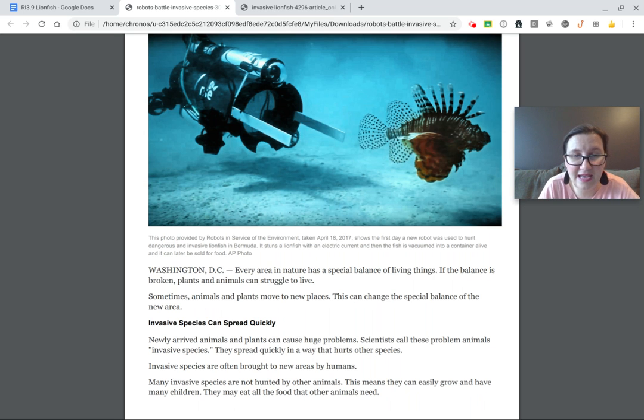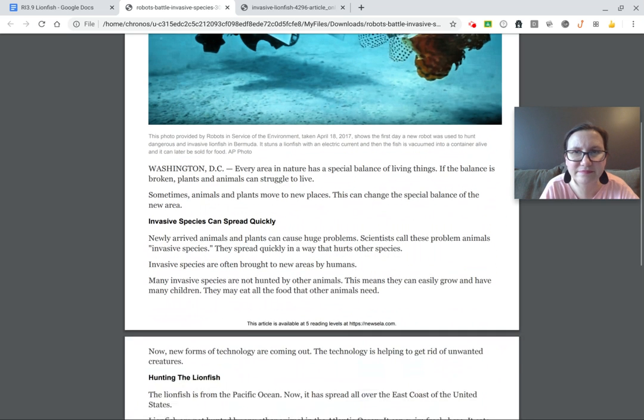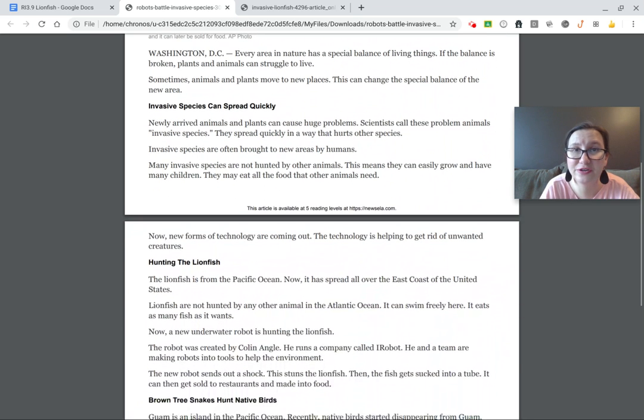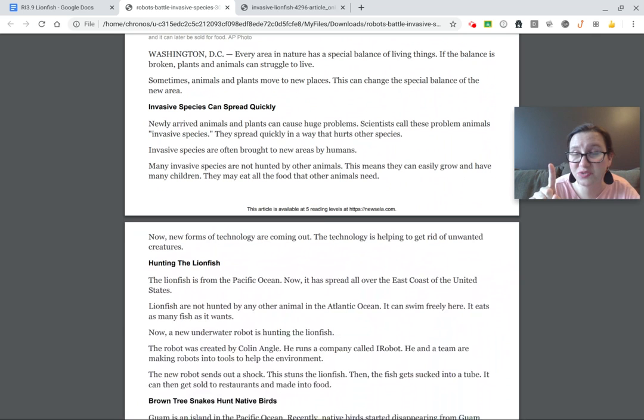It stuns a lionfish with an electric current, and then the fish is vacuumed into a container alive, and it can later be sold for food. Interesting. Let's see how this picture matches our text. Remember, you're supposed to be thinking, what did I just read about?